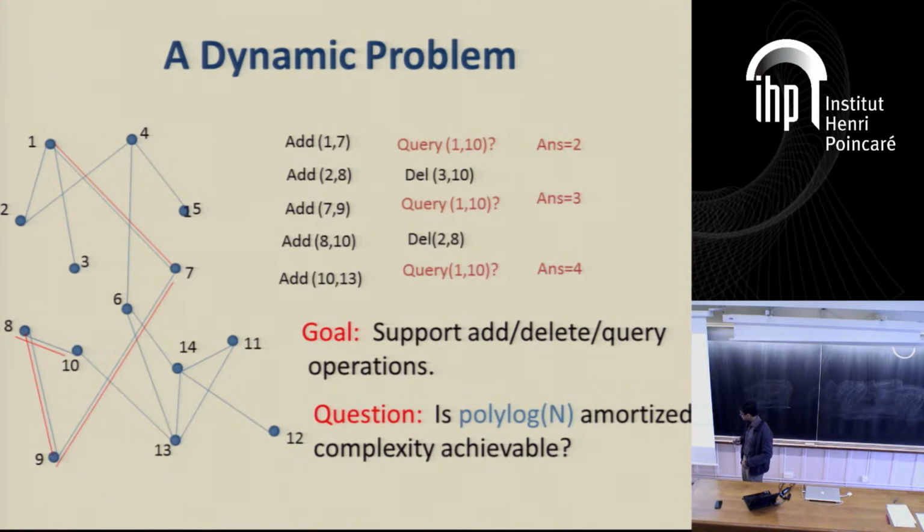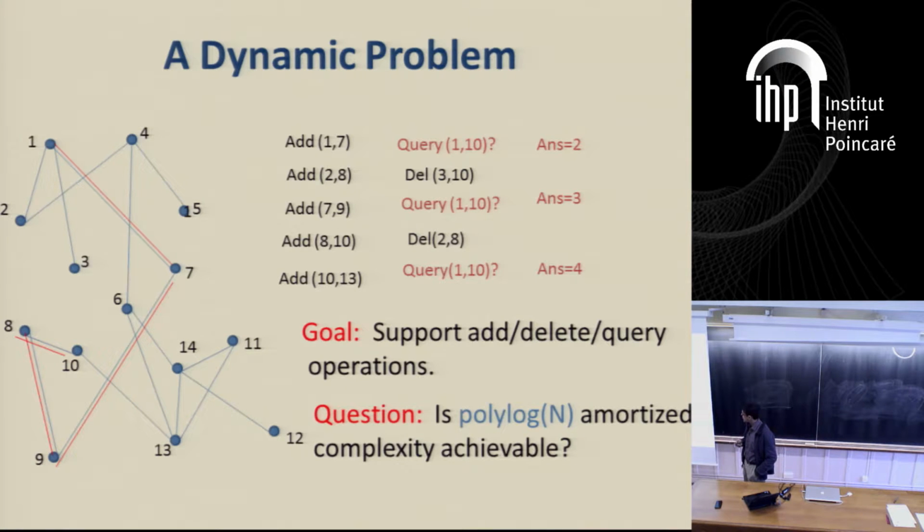And what seems to be the gold standard is, suppose this graph was over n vertices, can you spend amortized polylog of n time in servicing each request? Is that possible? If that were possible, we would say that yes, there is an efficient dynamic data structure for solving this problem. Okay, and this seems like a very hard problem.